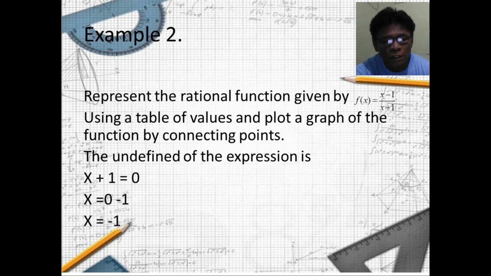We use the denominator of the given rational function, which is x plus 1. Then equate it to 0, and that gives x equals negative 1. So the expression is undefined at negative 1.